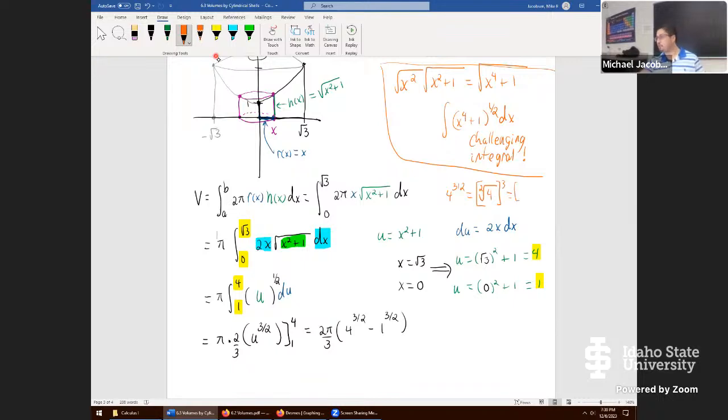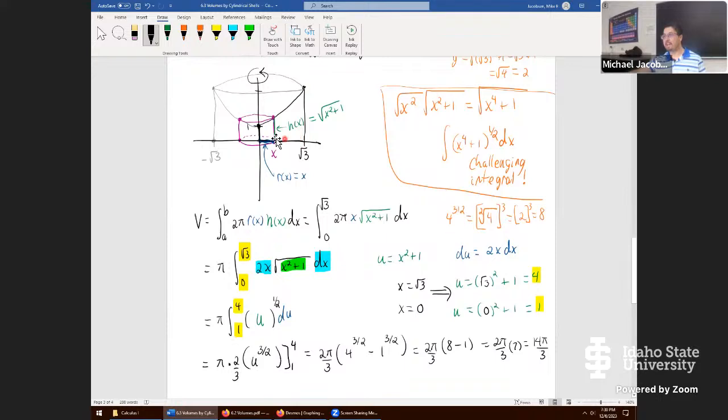The root of 4 is 2, and 2 to the power 3 comes out as an 8. So right down here on our problem, we're looking at 8 altogether. We've got 2 pi thirds times 8 minus 1, so this is 2 pi over 3 times 7. Finally, we got our end answer of 14 pi thirds altogether.